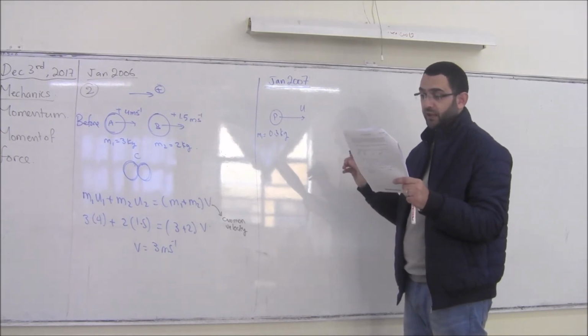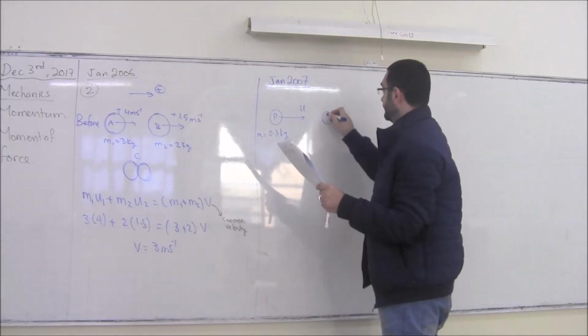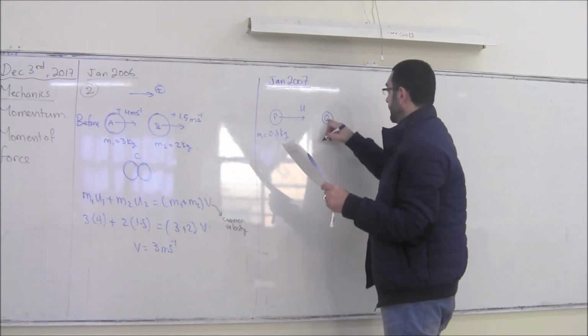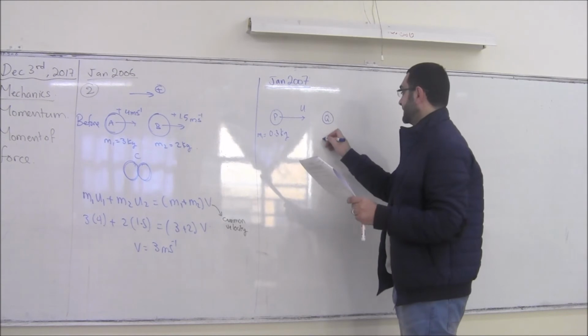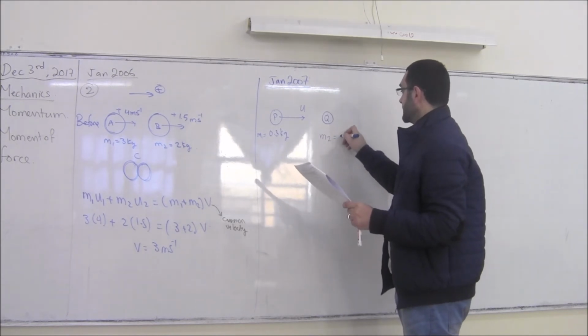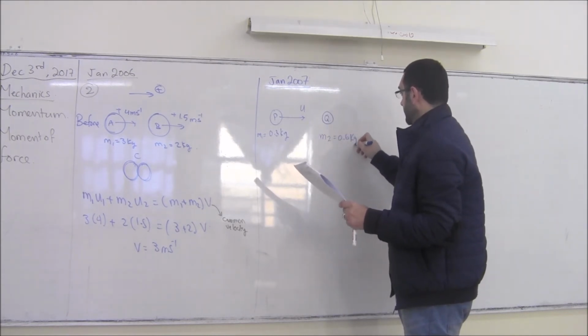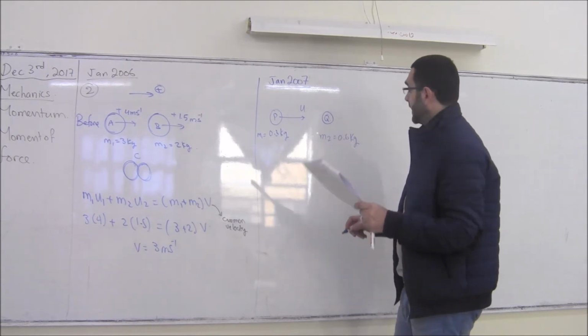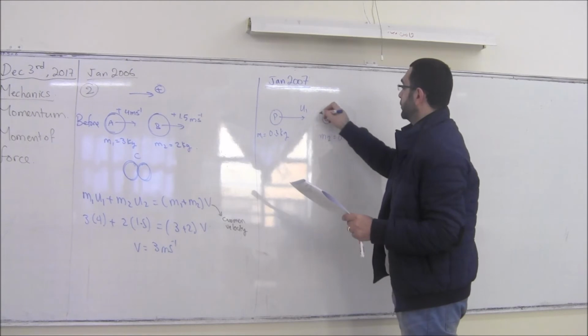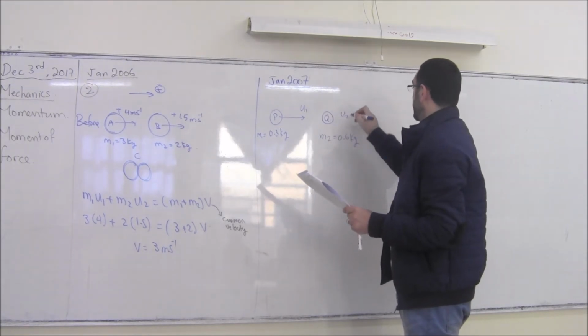The particle P collides directly with another particle Q of mass 0.6 kilograms, which is M2, which is at rest. This is U1, this is U2, which is what?